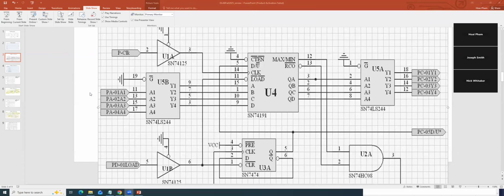So if one of those is high and one of them is low, then the output to the AND gate will be 0. However, when the counter goes up to 15 and pin 12 goes high, pin 13 is high all the time. So high and high, pin 3 equals 1.